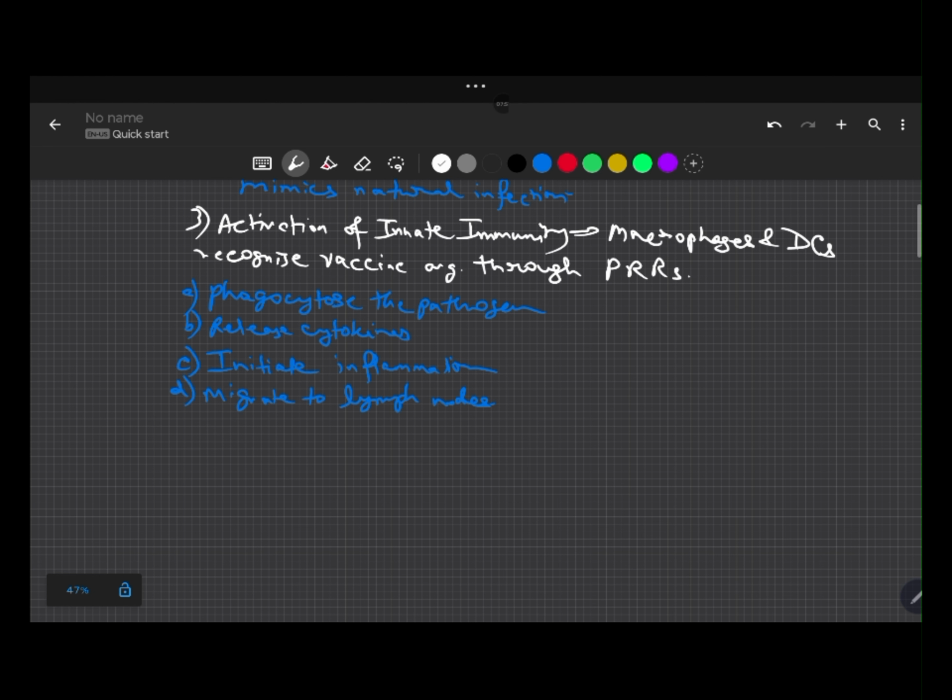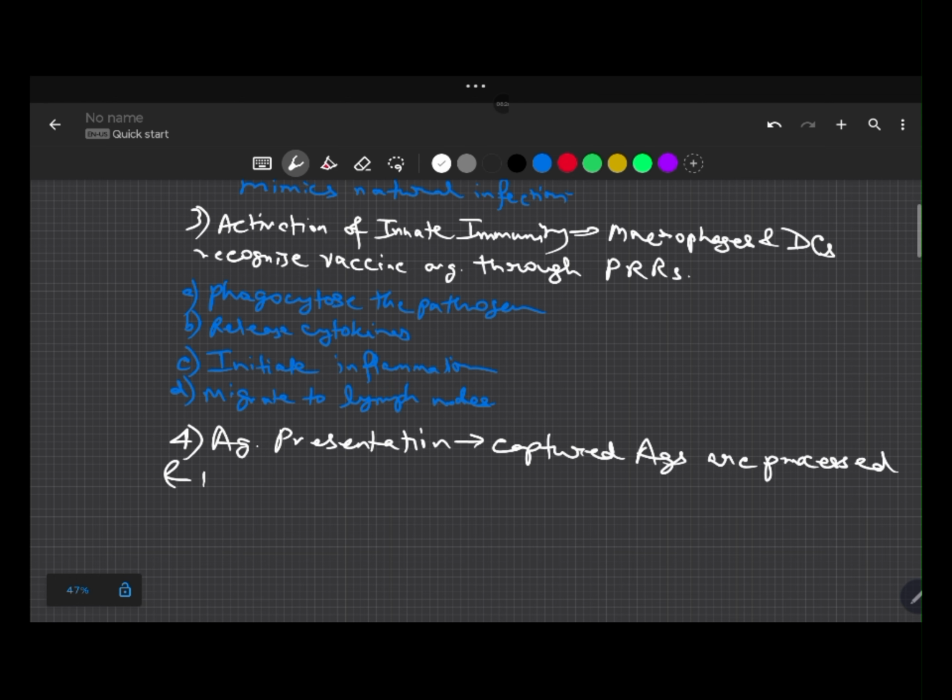Then the fourth step here is antigen presentation. Captured antigens are processed and presented through MHC, major histocompatibility complex molecules.